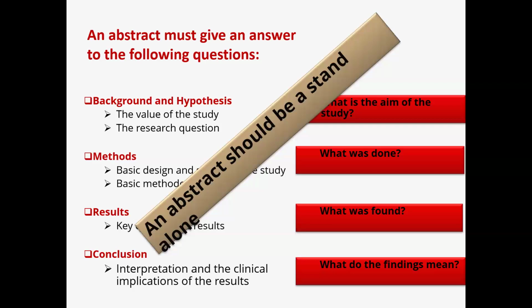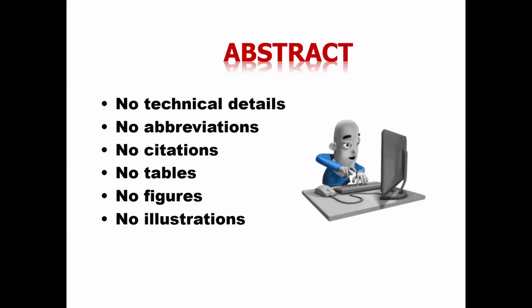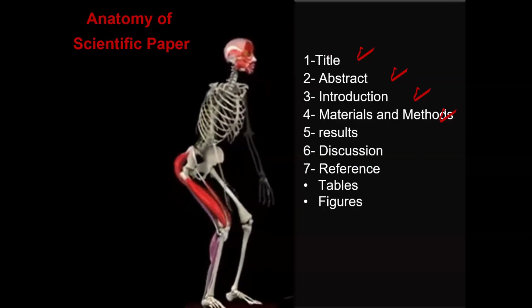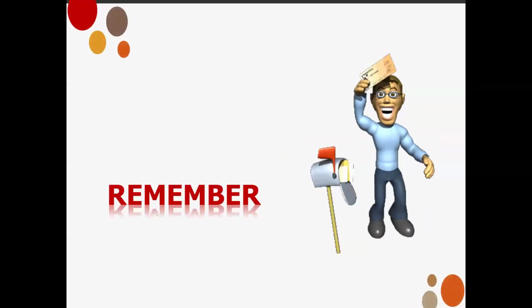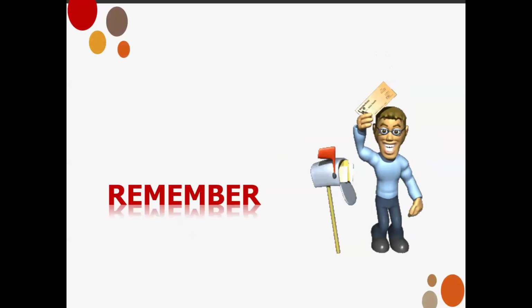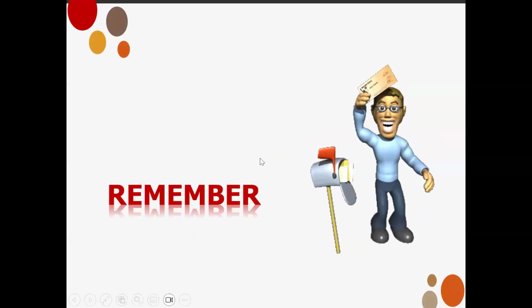So an abstract should stand alone. It should have no technical details, no abbreviations, no citations, of course, no tables, no figures, no illustration, and no references.